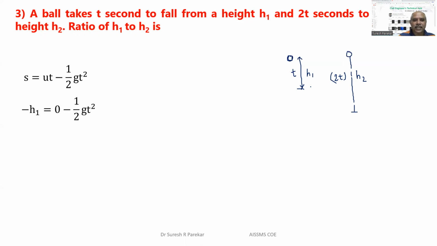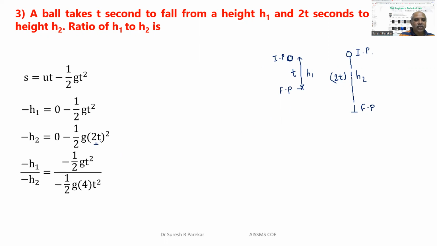So we will get minus h1, because you have to keep in mind your final position in both cases. These are below the initial position, so in both cases we have these values as positive. So we have minus h1 equals minus half g t square. When we put s equal to h2, t is 2t, so 2t square.